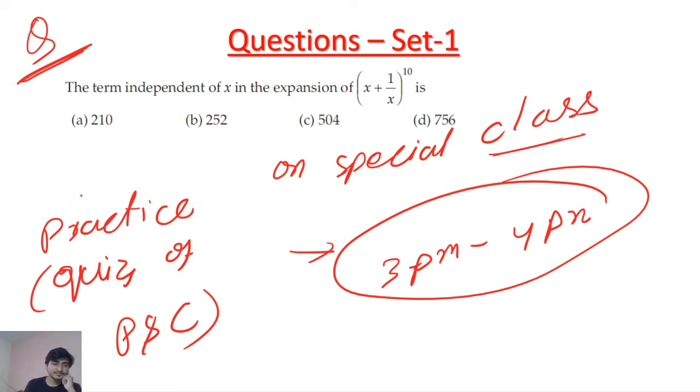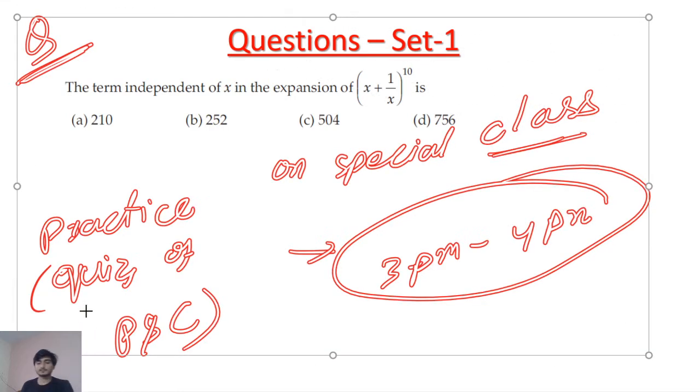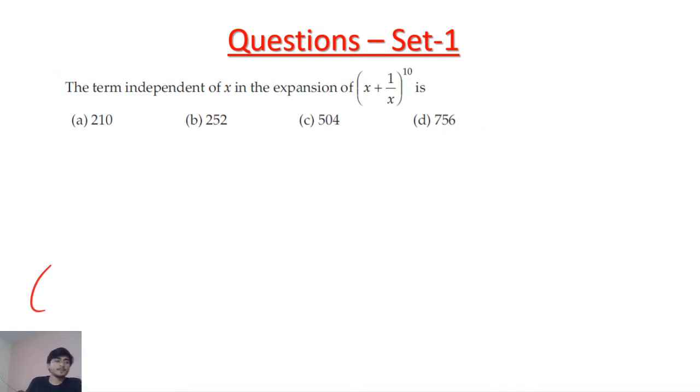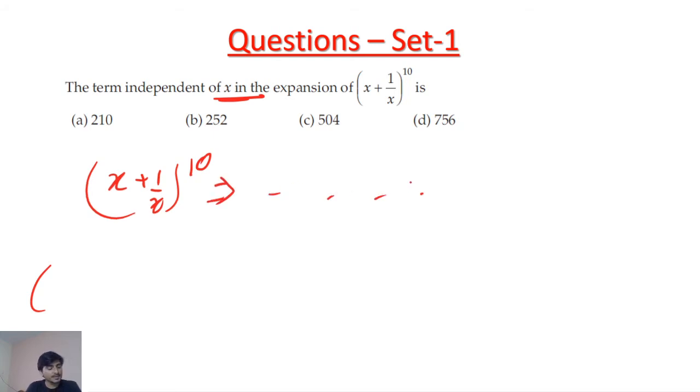Question is not clear? Okay, I will clear it again. Wait, just give me a sec. Like, see, Shreya, the term independent of x means when we expand this (x plus 1 by x) to power 10, there should be a term.